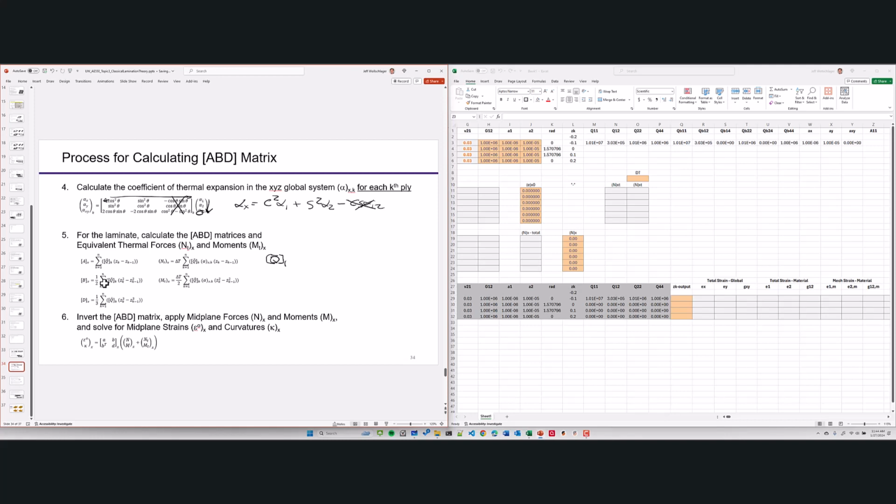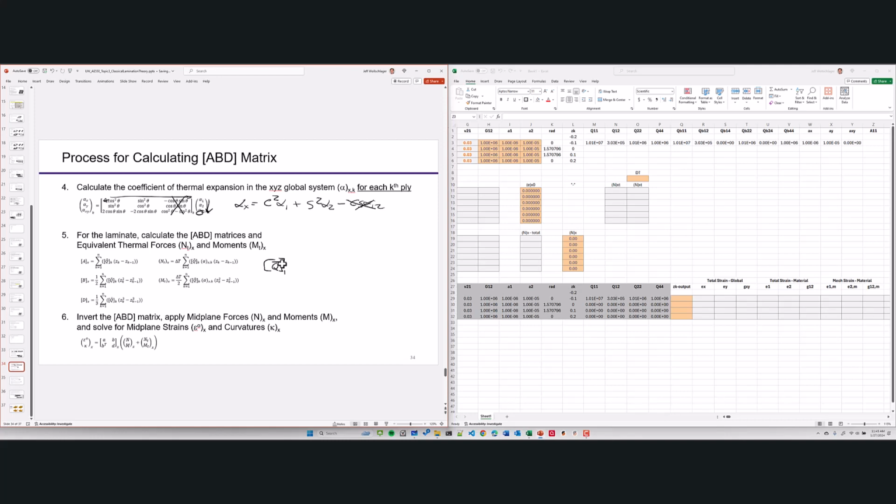So don't get confused. I guess I should say Q bar x comma 1 for the first ply. I'm going to write Q bar, which tells us what coordinate system it's in, and then the 1 here is the ply that this is coming from, not the coordinate system that it came from.